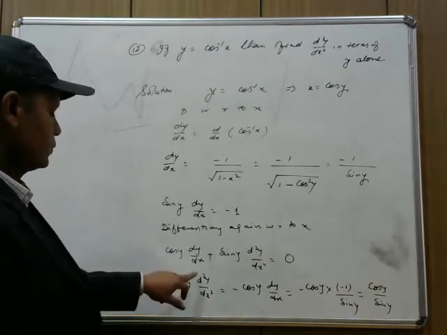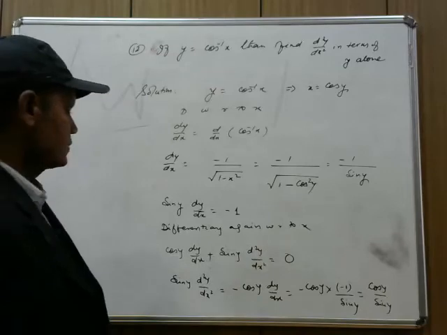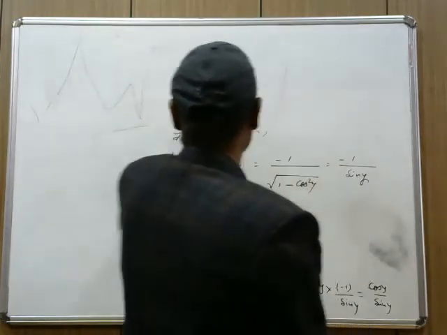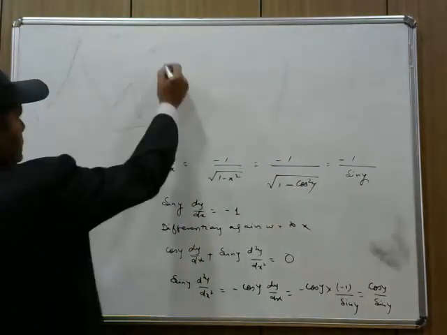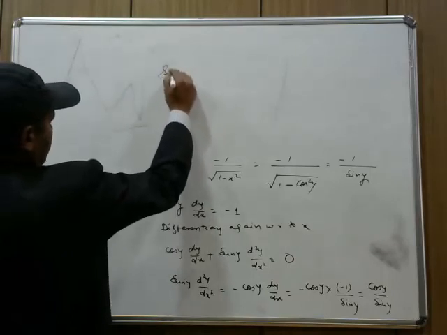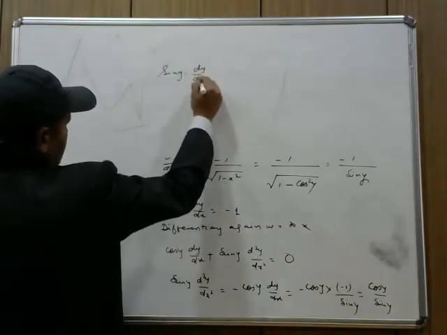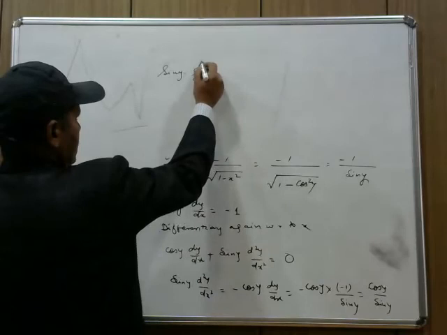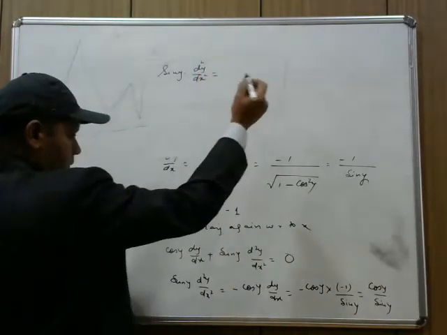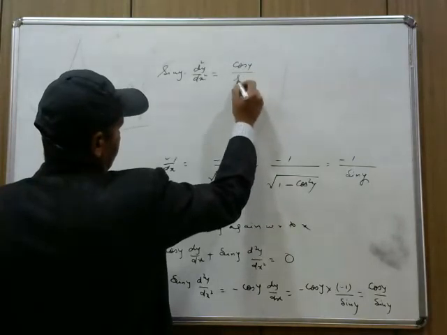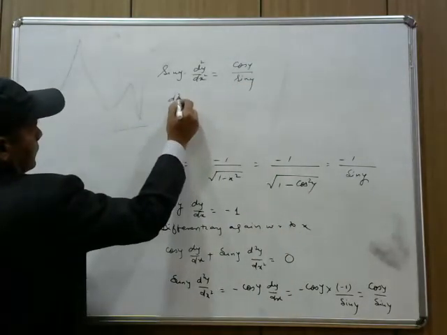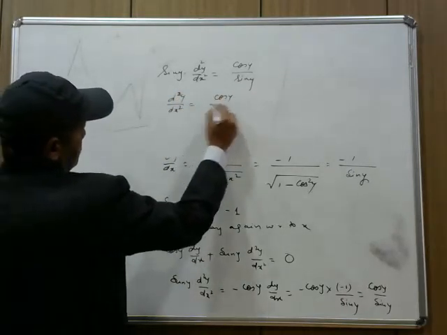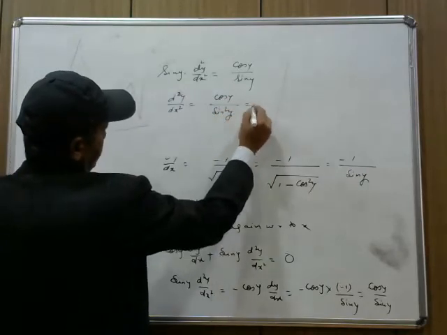Sin y into d2y/dx square is equal to cos y upon sin y, and therefore d2y/dx square is equal to cos y upon sin square y.